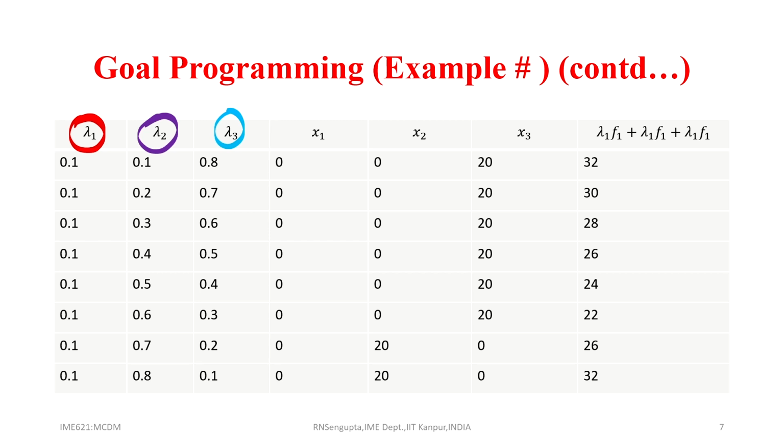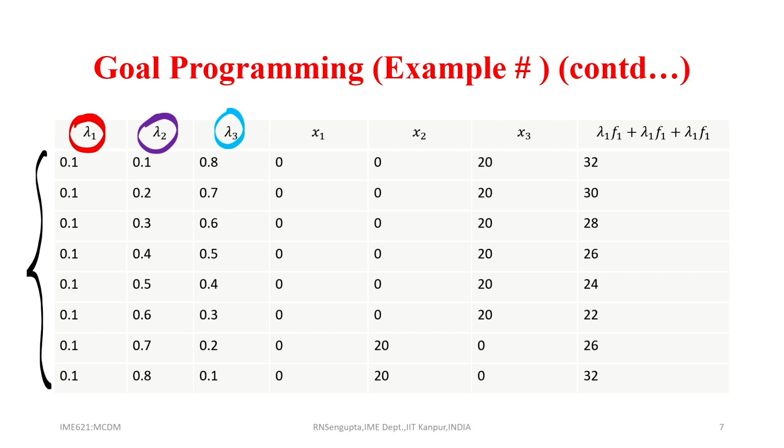And if we add up columns 1, 2, 3, which are marked for lambda 1, lambda 2, lambda 3, the sums are all 1: 0.1, 0.1, 0.8; 0.1, 0.2, 0.7; 0.1, 0.3, 0.6; 0.1, 0.4, 0.5; 0.1, 0.5, 0.4; 0.1, 0.6, 0.3; 0.1, 0.7, 0.2; 0.1, 0.8, 0.1. So, all the values here add up to 1, remember that.